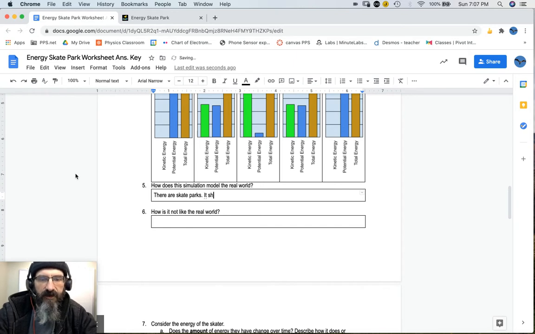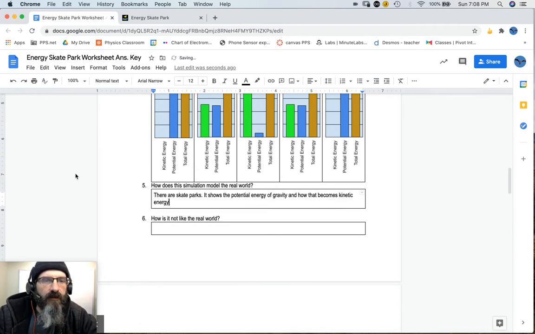It shows the potential energy of gravity and how that becomes kinetic energy when someone goes down a ramp. Those are some things.